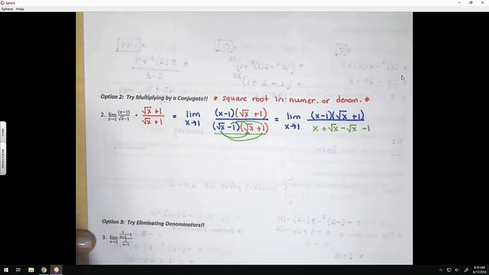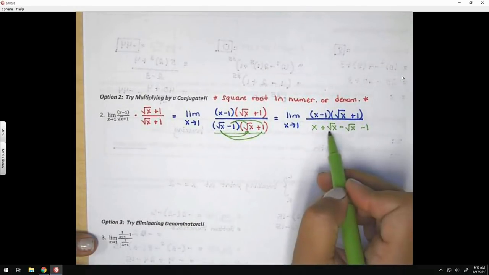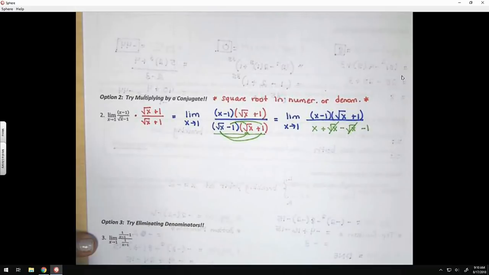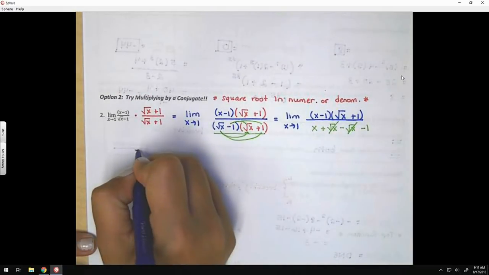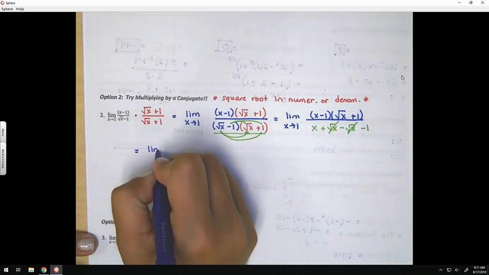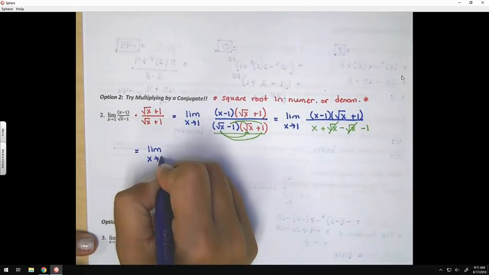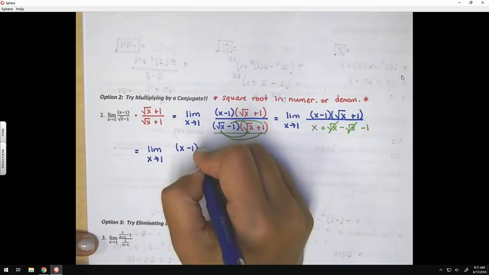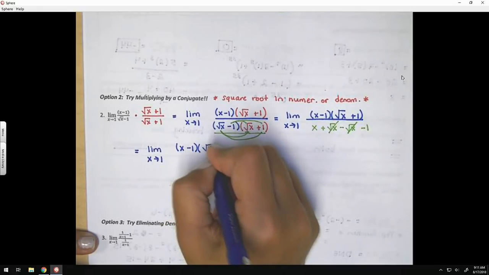So then what I noticed is that the square root of x minus the square root of x cancels, which means my new simplified limit would be the limit as x approaches 1 of, in the numerator, I'm still going to have parentheses x minus 1 and the square root of x plus 1.